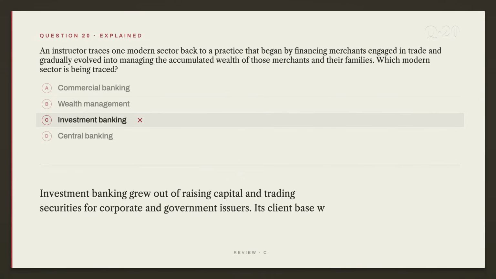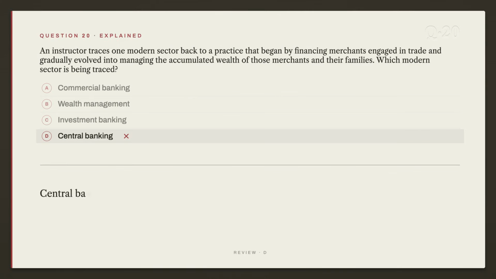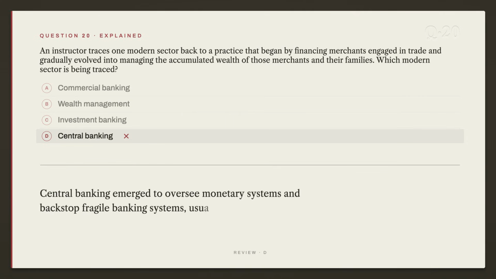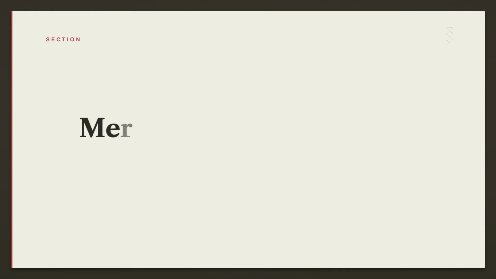Its client base was never individual families managing accumulated personal wealth. D is wrong because central banking emerged to oversee monetary systems and backstop fragile banking systems, usually after a crisis. It is a public function rather than a descendant of merchant trade finance.